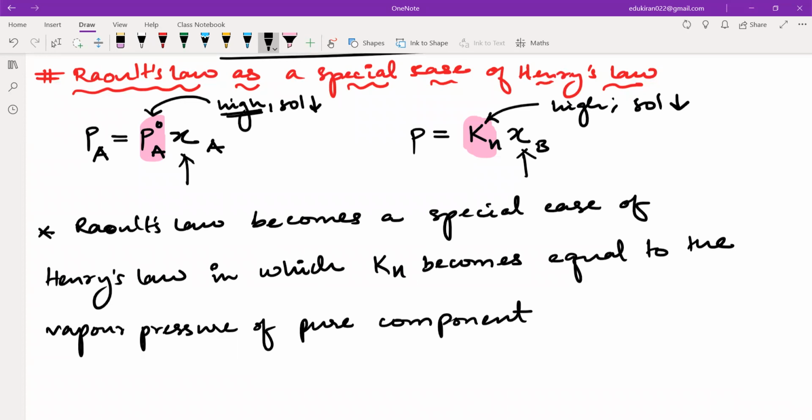Yes. So this is why we say that Raoult's law is a special case of Henry's law. And in that special case, the value of KH just changes from KH to the vapor pressure of the pure component. But in essence, these are the same things only. If P naught A increases, the solubility decreases, and if KH increases, then also solubility decreases.